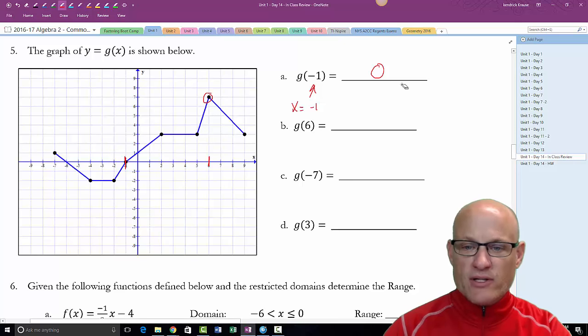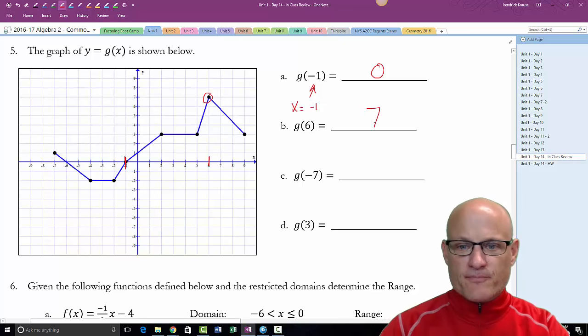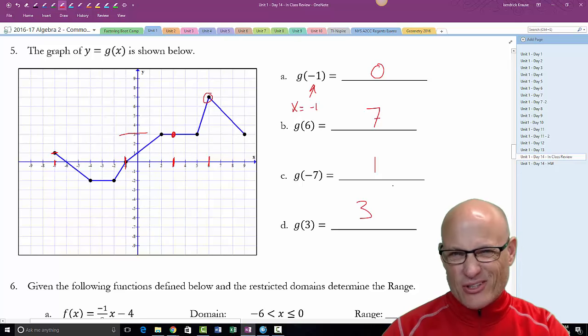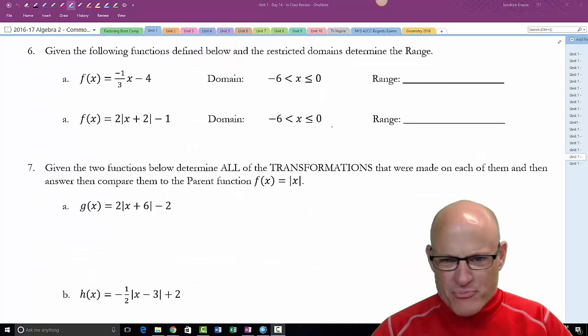Oops. Probably should get rid of this stuff. 7 is my answer. G of -7. Oh, that's 1. G of 3. That's right here. Well, that is 3. That's not too difficult, is it? That stuff should be, yeah, no problem.